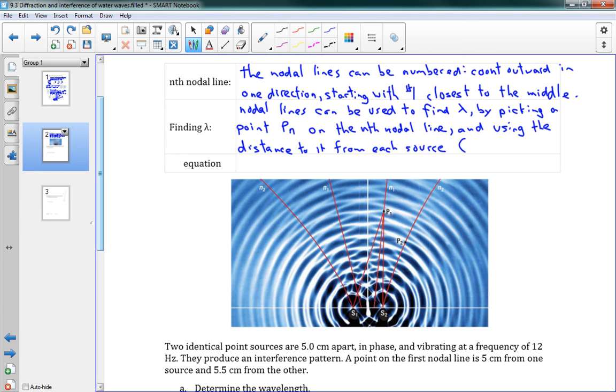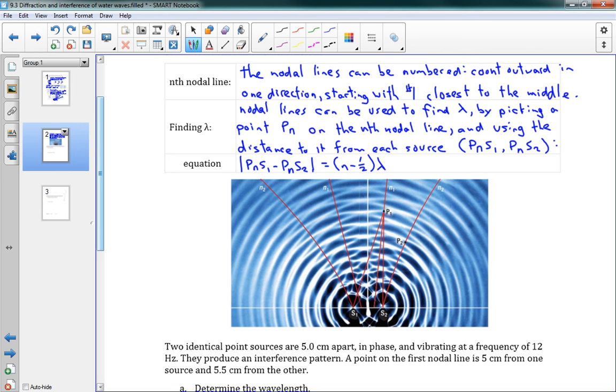And so the distance from that nodal line to each source, so we can say Pn S1, that's the distance to source 1, and Pn S2, that's the distance to source 2. And I'll put a colon here because the way we use that is in this equation. We can say the magnitude of Pn S1 minus Pn S2, so the difference between those two distances, the distance to each source, is equal to n minus 1/2 times the wavelength.